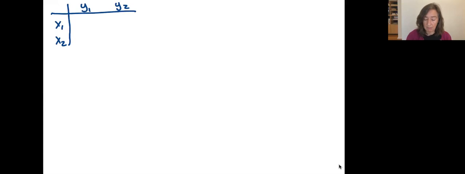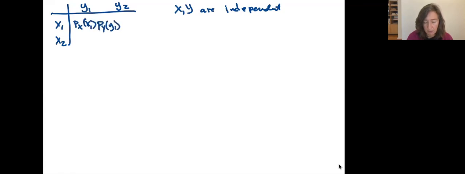And I want to build into this example that X and Y are independent. And what does that mean? It means that the probability that X is X1 and Y is Y1 is just the product of those individual probabilities. So we're assuming independence, which means right now I can just say this is the probability that X equals X1 times the probability that Y equals Y1.